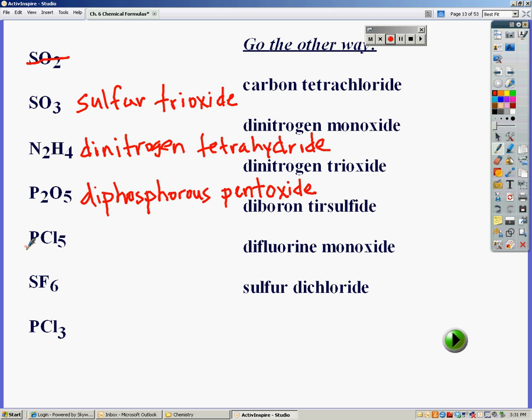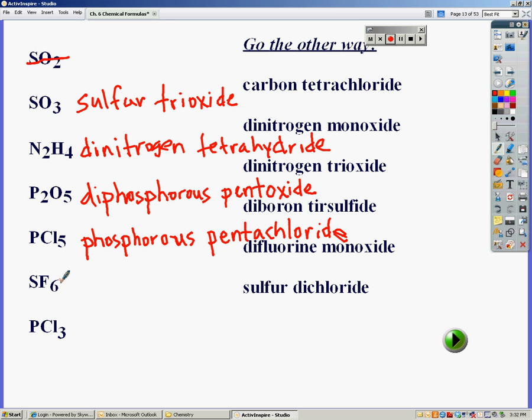Okay, in our next compound, we have 1 phosphorus and 5 chlorines. So phosphorus pentachloride. Okay, so our next one has 1 sulfur and 6 fluorines.